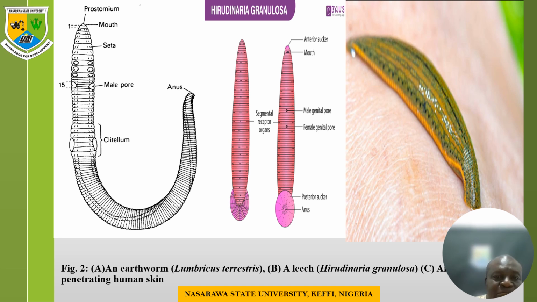Okay, are we together? So this is the seta, this is the mouth, this is the prostomium, this is the male pore, the anus, the clitellum, which is here. I think this is the major reproductive segment. The prostomium, this is a member of the class Oligochaeta.